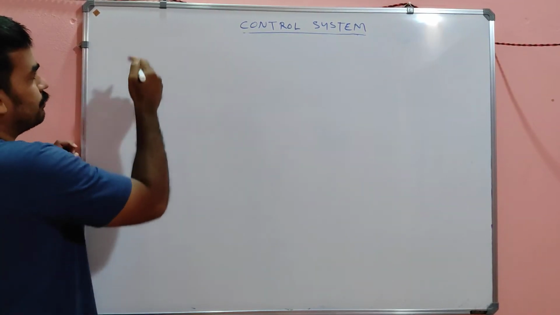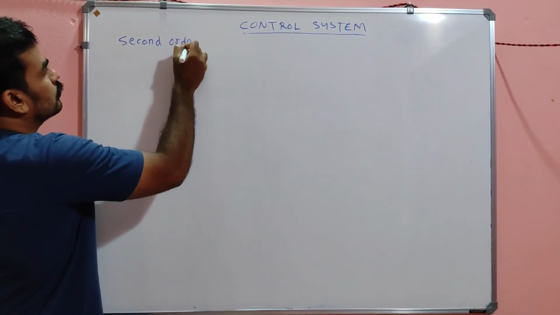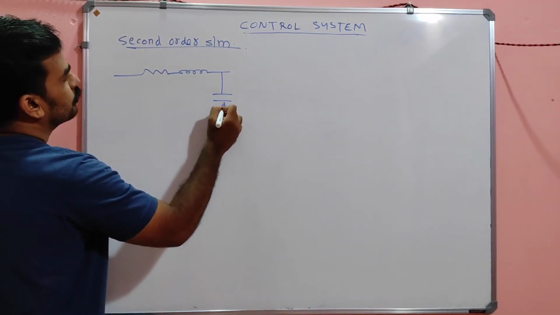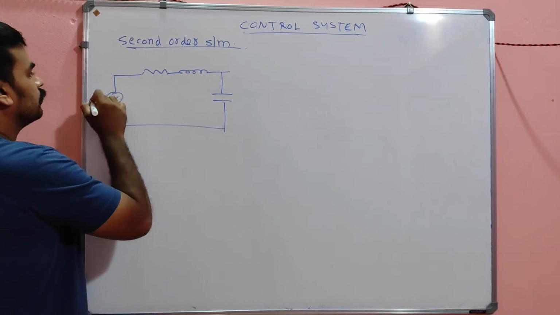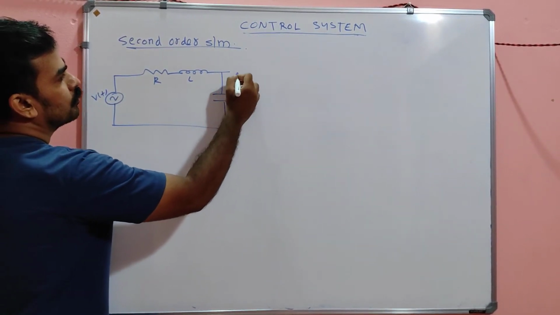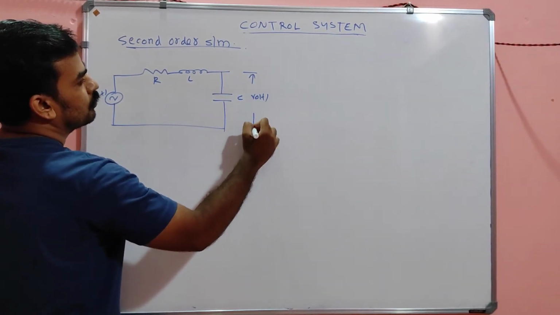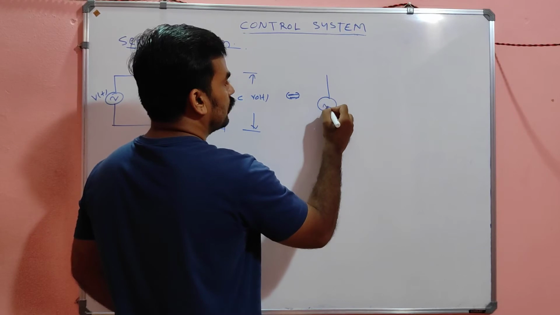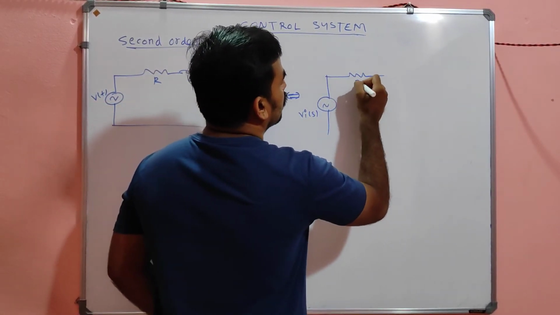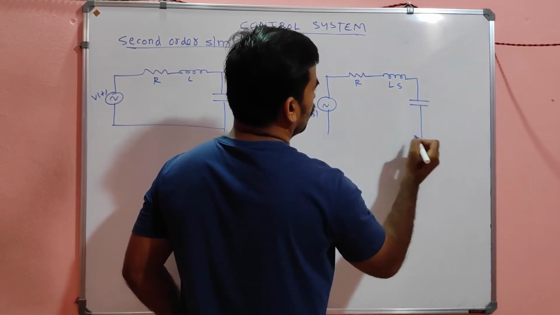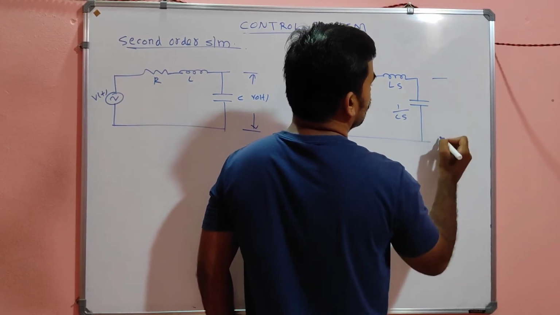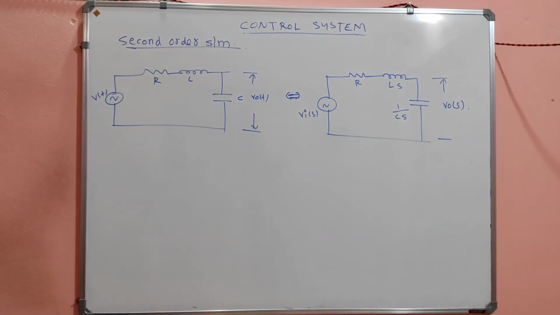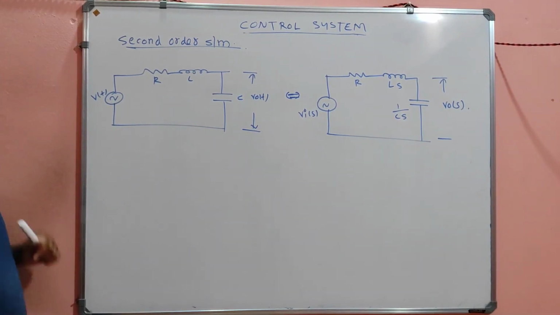Okay, my dear. Next is second order system. This Laplace equation is equivalent to E0 of S. Second order means nothing but there will be two reactive elements, one is C and one is L, that's all.